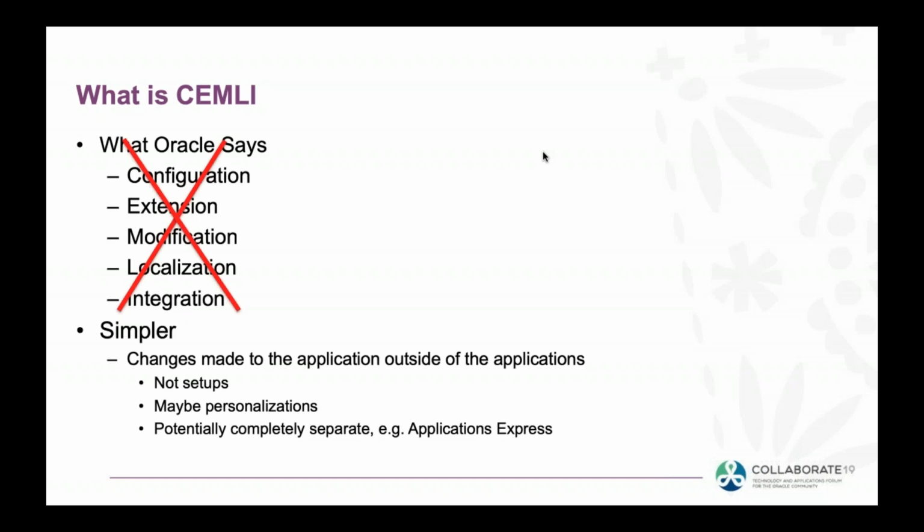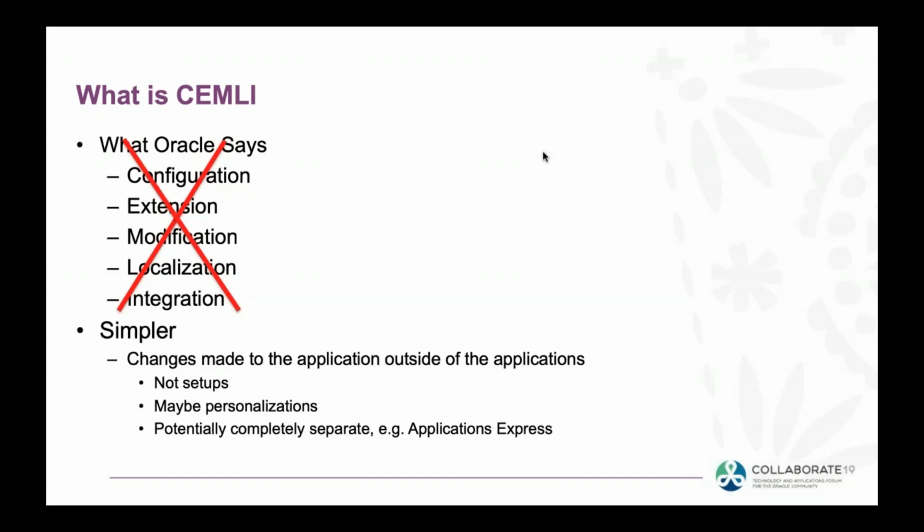It's really simpler to say CEMLI is all the changes you make outside of the applications themselves. So in other words, a configuration change you make by setting a profile or by changing something in license management isn't CEMLI. That's part of the applications.